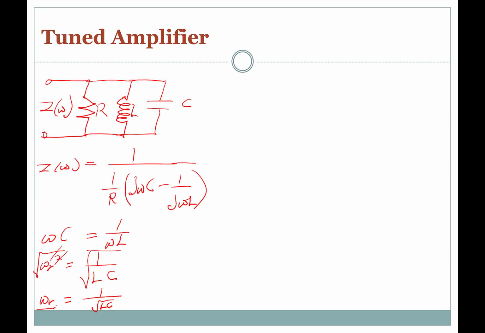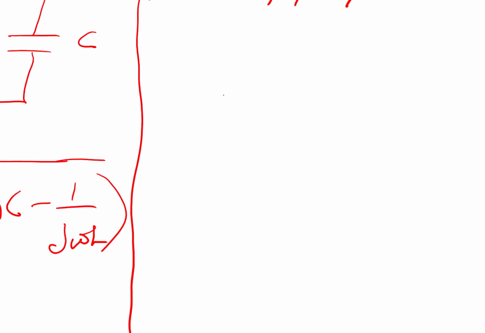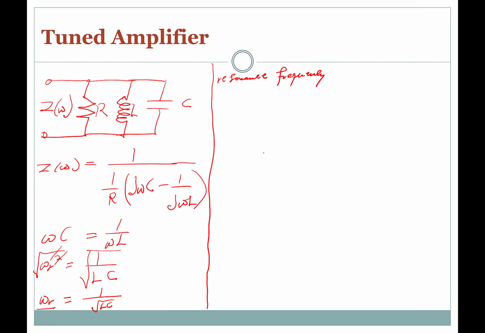Omega R, the resonance frequency, would then become 1 over the square root of LC, which is usually measured in radians per second.